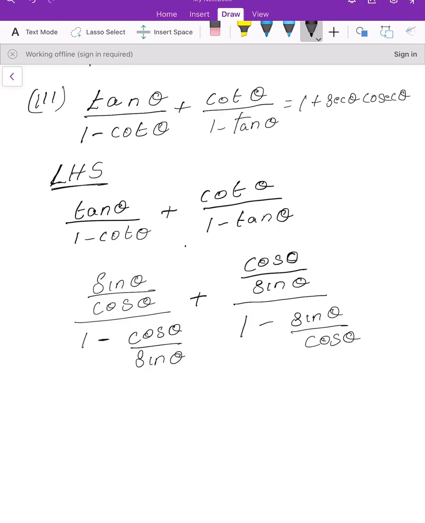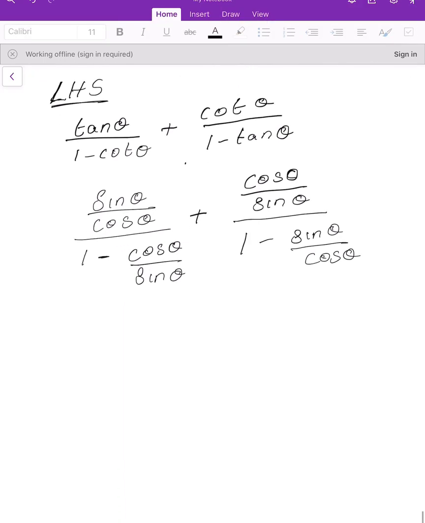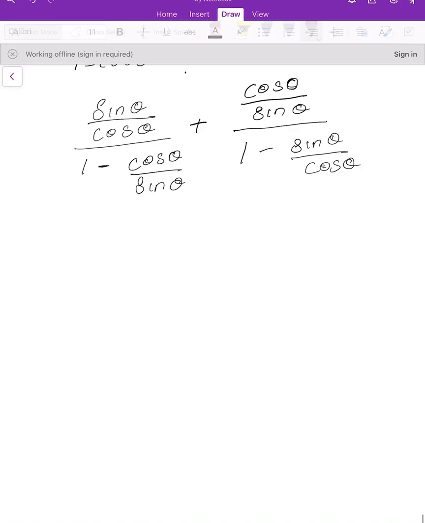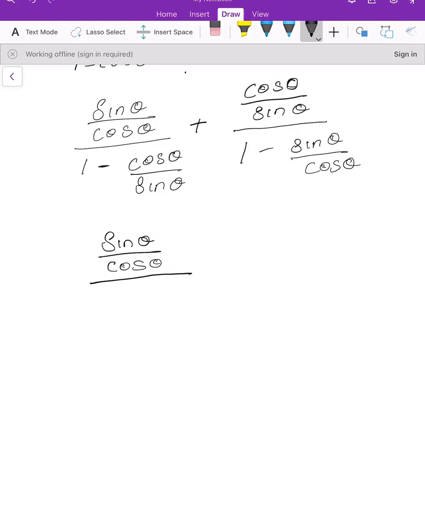Now I'll not do anything with the numerator. I'll take the LCM of the denominator alone. The numerator I will write as it is: sin theta by cos theta. For the denominator, I'm trying to take LCM. This is nothing but 1 by 1, so I'll multiply this and this, and then this and this.